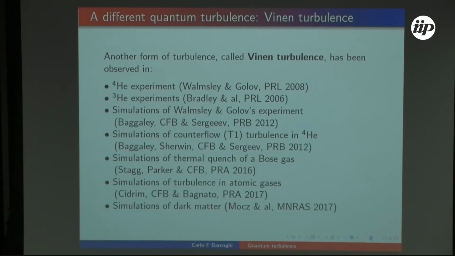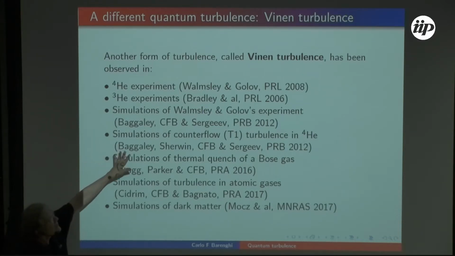Now, at the moment, the evidence for the second form of turbulence is the following. We have experiments with vortex rings done at very low temperatures in liquid helium in Manchester. We have experiments done with helium-3 in Lancaster. We have numerical simulations of the experiments which reproduce the Kolmogorov turbulence and also the Vinen turbulence. Kolmogorov turbulence means classical, like ordinary fluids. Vinen is not classical.